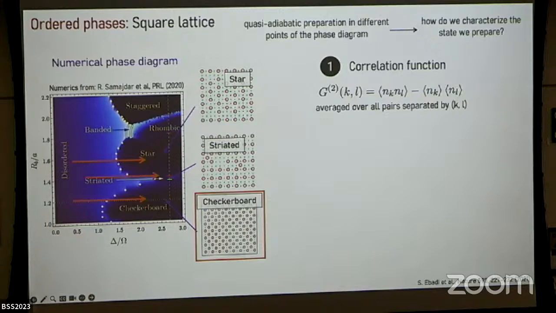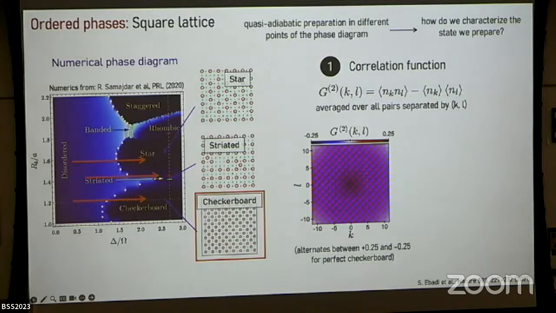For each snapshot, you average over different positions along the array, and you average over different experimental repetitions. And so what you get is something like this. If you had a perfect checkerboard, you would see this pattern that just alternates between 0.25 and minus 0.25. Here we have something pretty good, but with some decay.